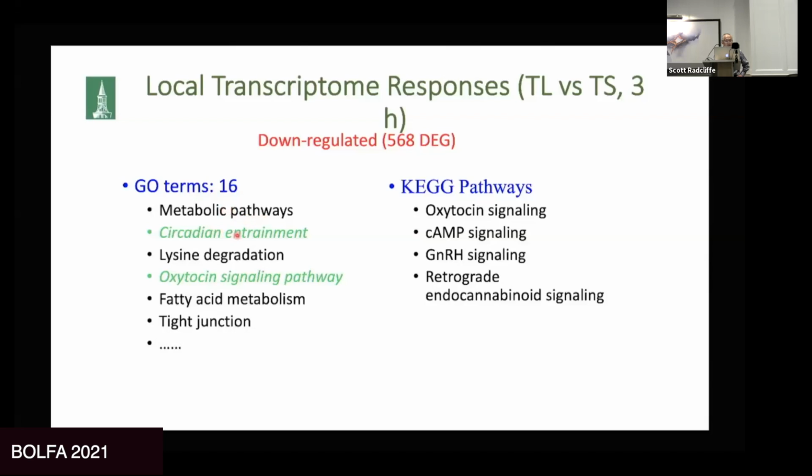I think Teresa would like to see this, right? Circadian entrainment. Maybe we can dig in together to see what this means. And also the oxytocin signaling pathway. We know oxytocin triggers myoepithelial cell contraction, but what oxytocin signaling does in the mammary epithelial cell is also interesting. The tight junction proteins decrease too, okay? KEGG also shows some effect on oxytocin signaling.